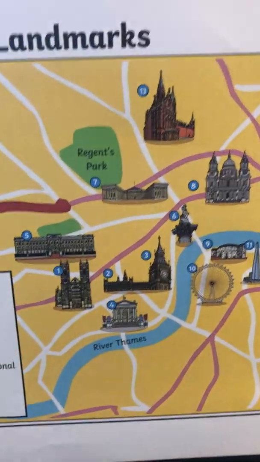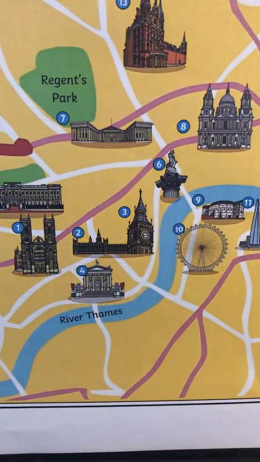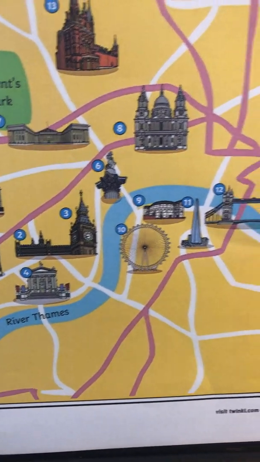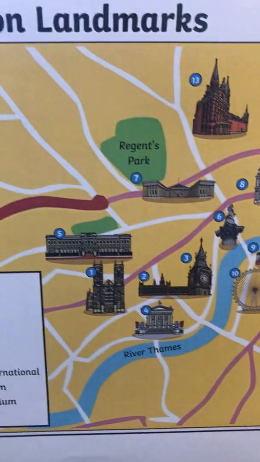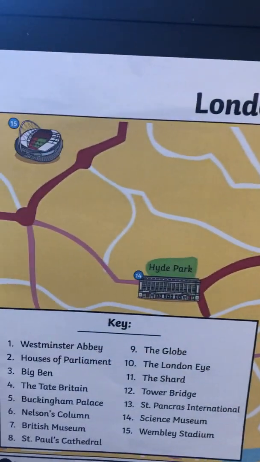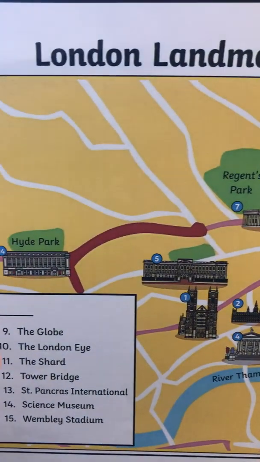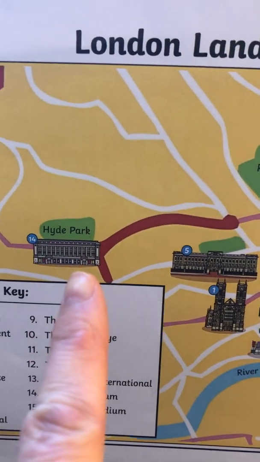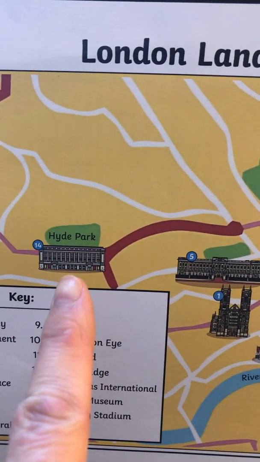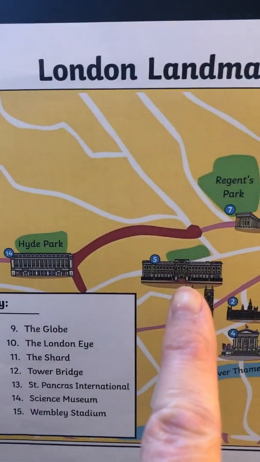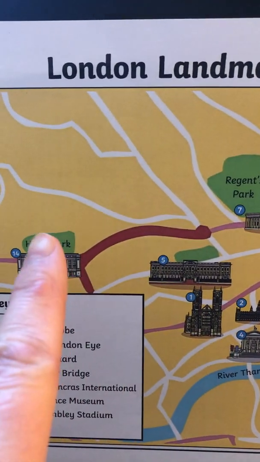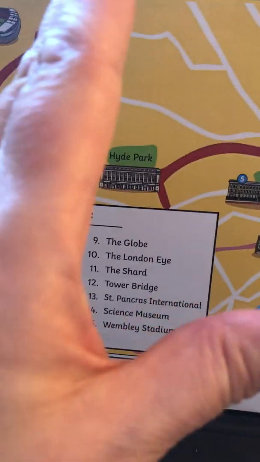So if you wanted to challenge yourself to have a go at left and right, what could you say is on the left? What about the Science Museum is on the left of Buckingham Palace? Look, L for left.